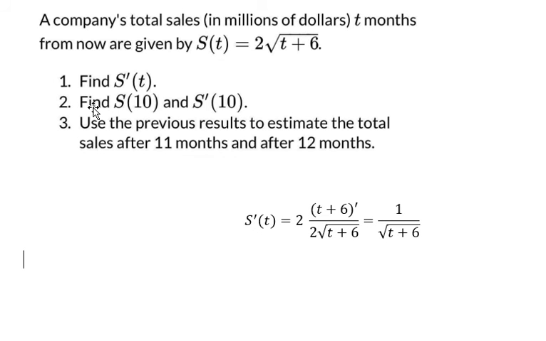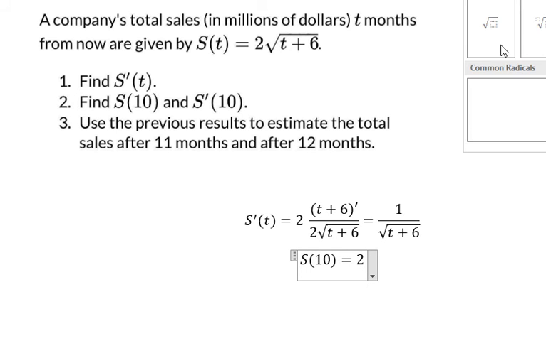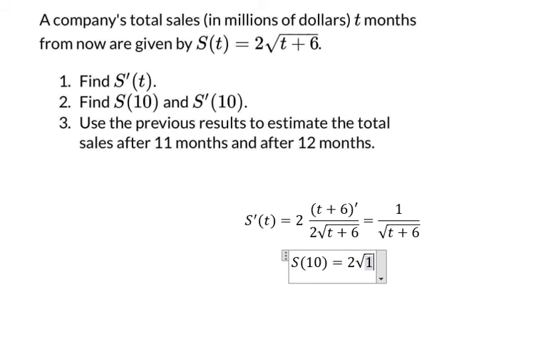Now we need to find the value h of 10 and the first derivative h' of 10. So that should be like this. I will put number 10 in here to replace the value of t. So we calculate this one and we have number 8.